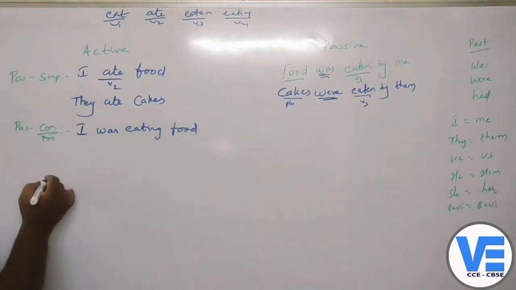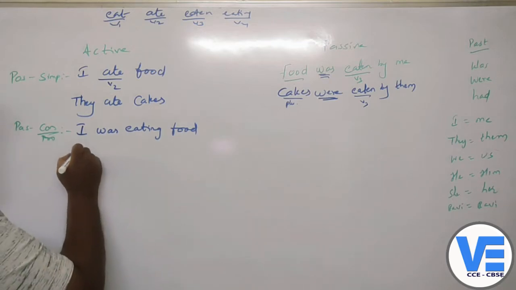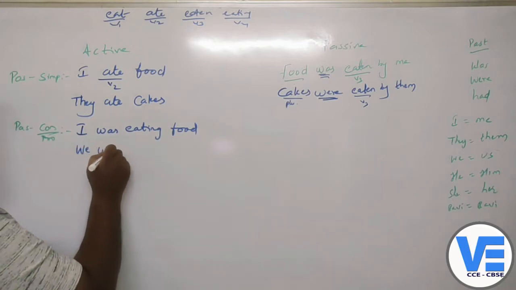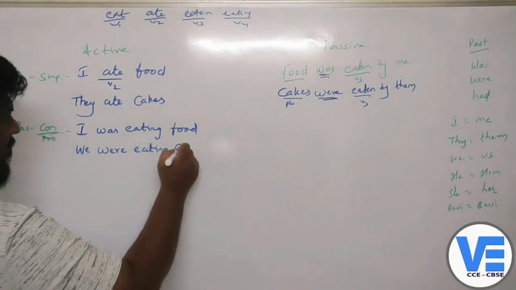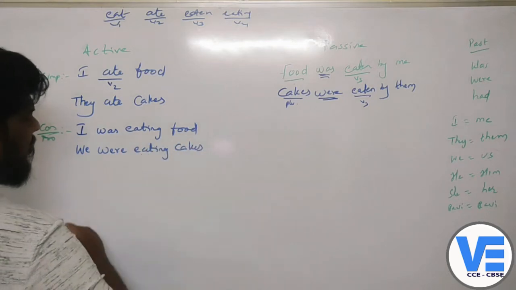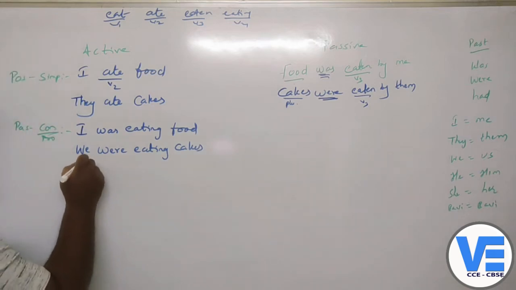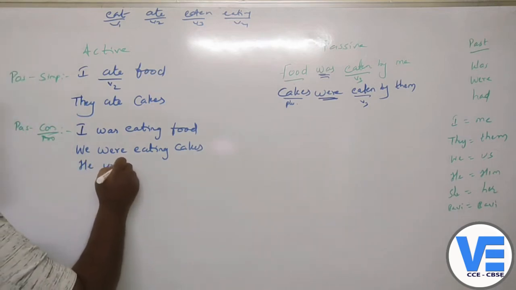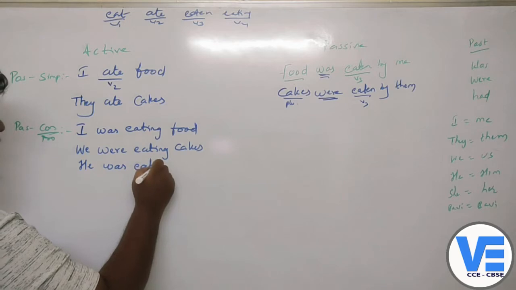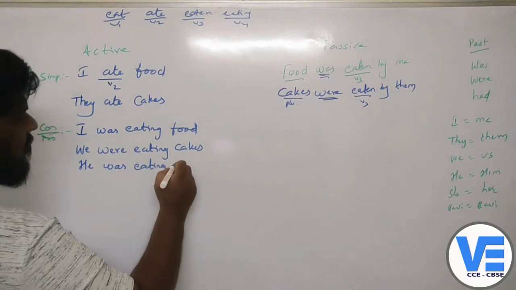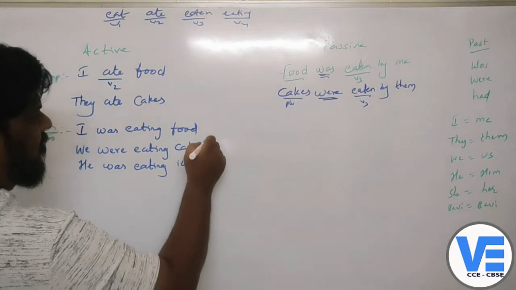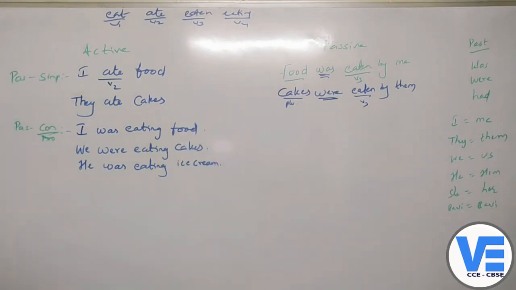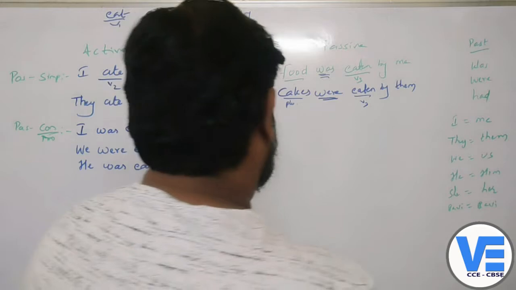Okay, we'll take one more example: We were eating cakes. And another: He was eating ice cream. I'm taking 3 examples here.